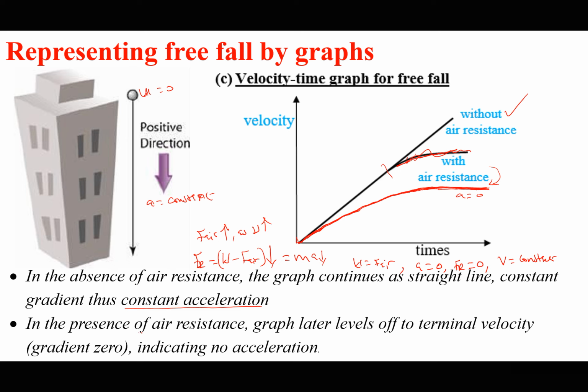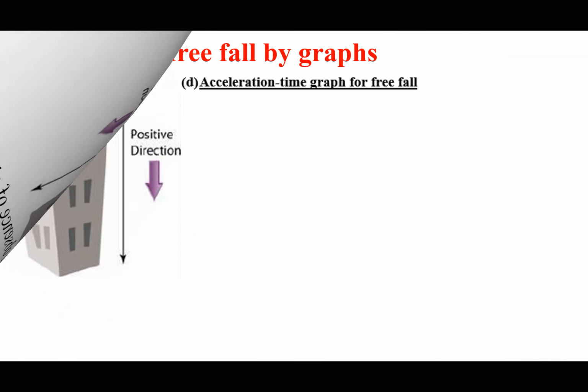In the presence of air resistance, the graph later levels off to terminal velocity. In other words, later on the graph will have zero gradient, indicating that later on there will be no acceleration. Okay. So how would the acceleration time graph look like?